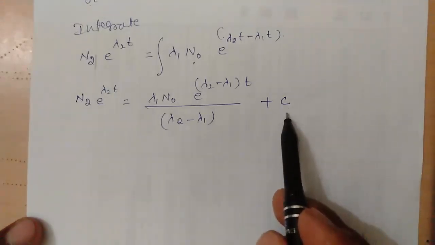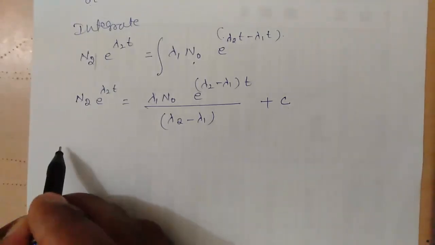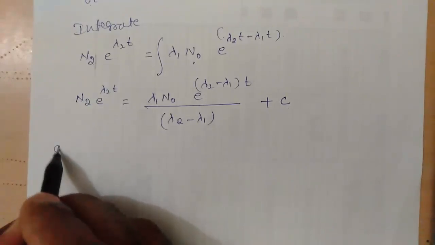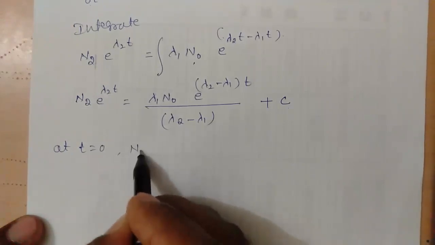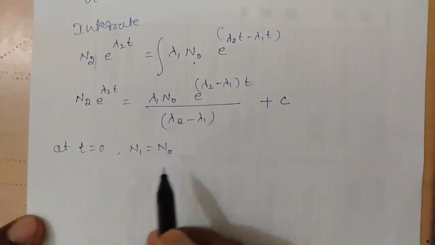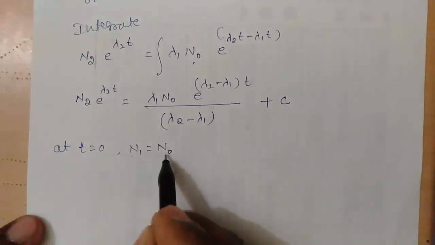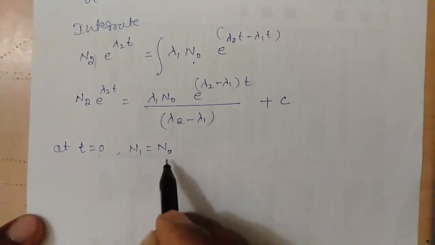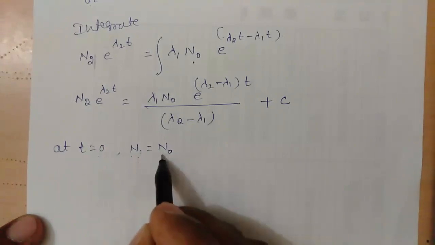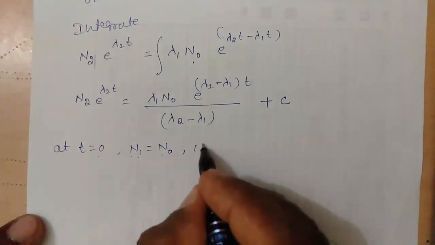Now let us find the value of the constant of integration. At t equal to 0, the number of atoms present in A, which is N1, is equal to N0 before the decay starts.